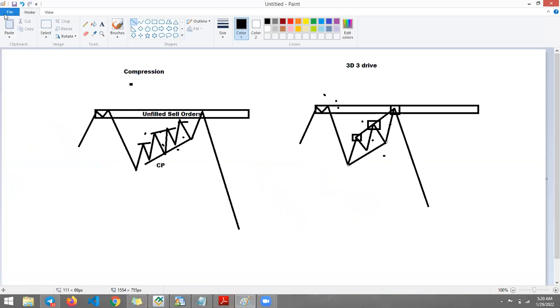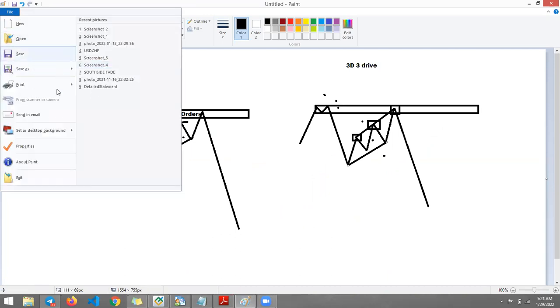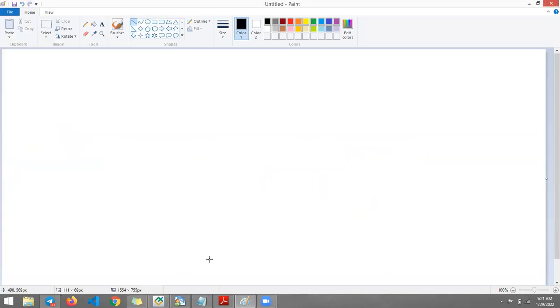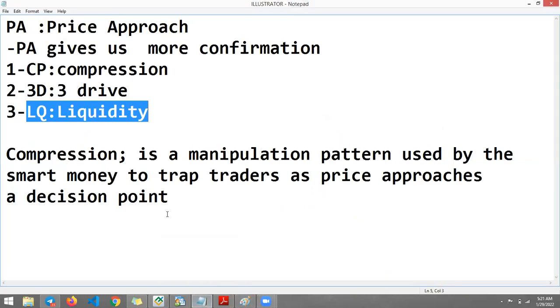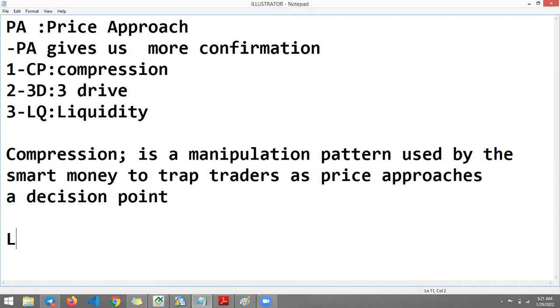Now let me just conclude with the final kind of price approach that we should look out for. So it's what we call LQ. LQ is what we call liquidity. Now let me just elaborate on this.